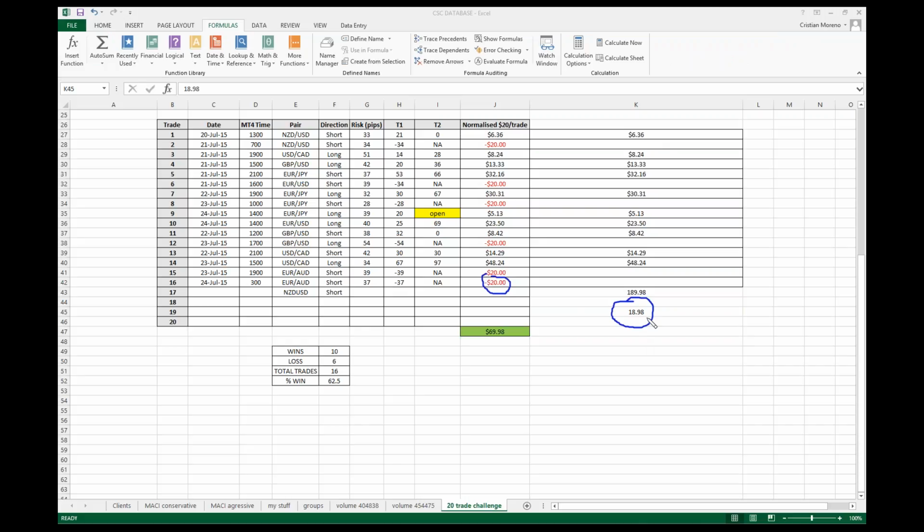Now I still have one open position in there. If I was to close that out right now, this particular one here, that $5 turns into about $13, which puts me at roughly $20 risk for $20 profit. So what does that mean?